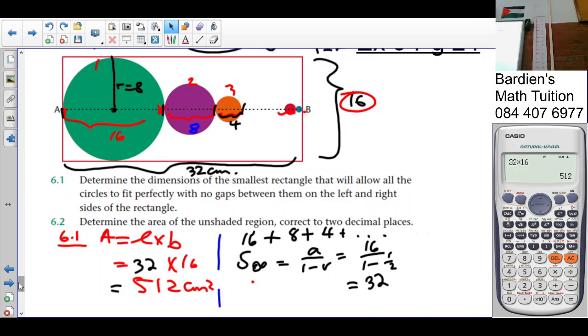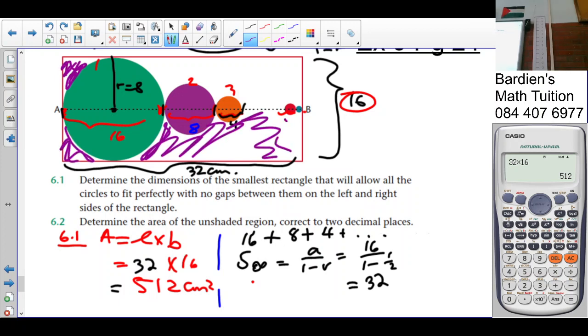Then it says, determine the area of the unshaded region, correct to 2 decimal places. So if you look at the unshaded region, I'm going to go purple, is this area here. Can you see that? And so on and so on. Can you see that, people?